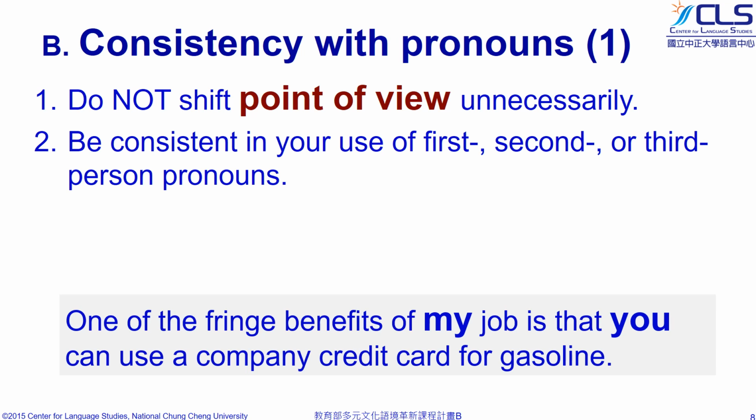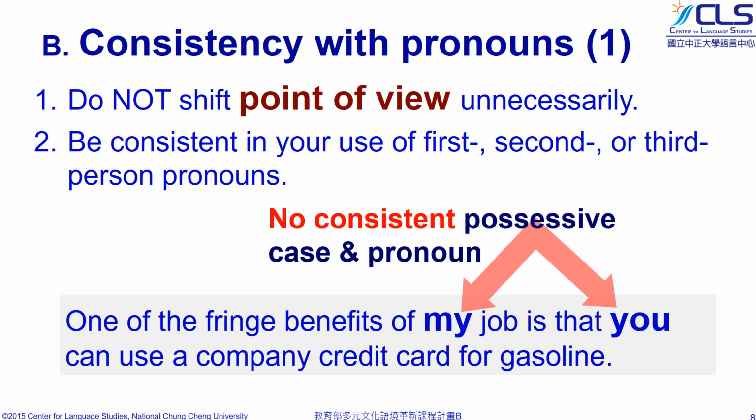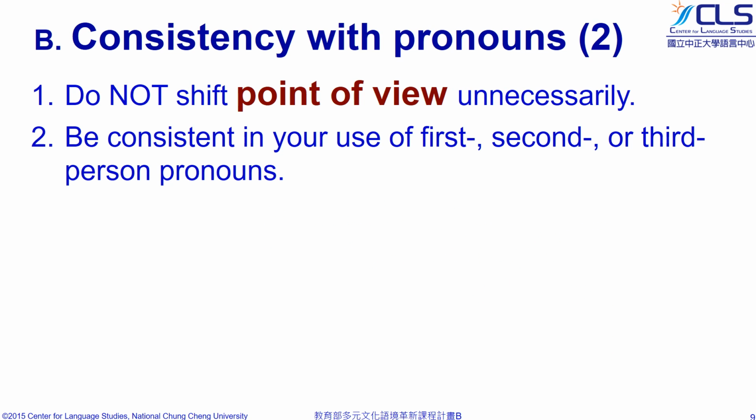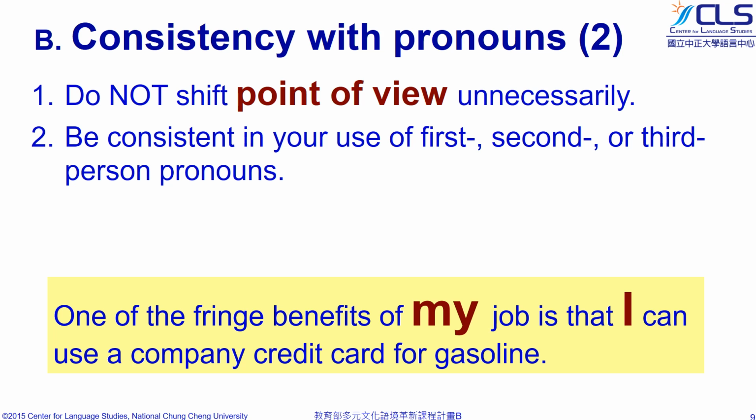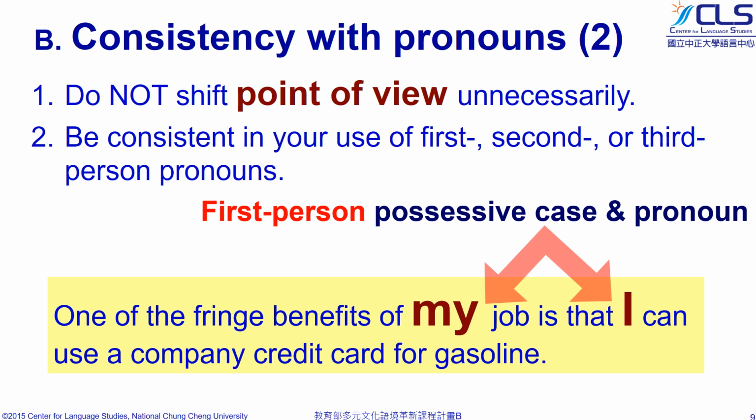Well, writing about my job while explaining it through another person's point of view can make readers misunderstand the idea we're discussing here. So, we should make the pronouns consistent, referring to the same person. Here it is "my" and "I."